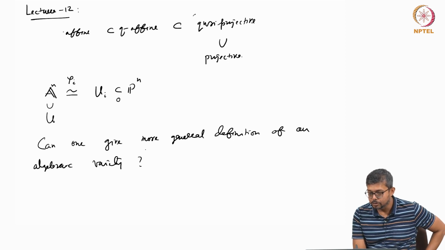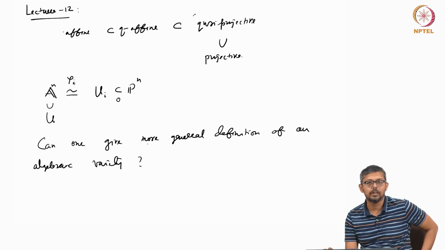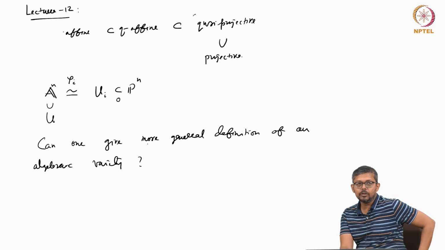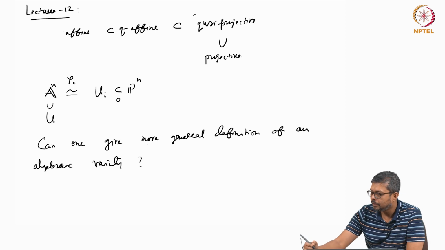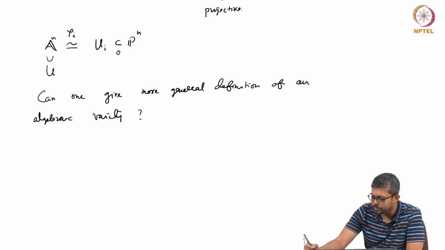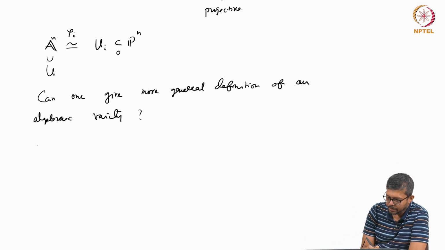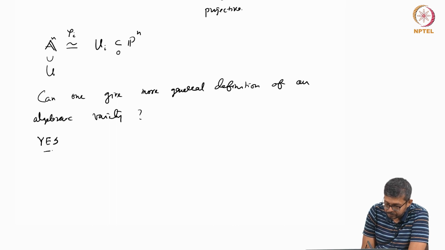That means it should not depend on any integer or any embedding. So the answer is yes, and that is called a pre-variety. It is very similar to the construction of a scheme, but at the variety level. That's the definition of what is called a pre-variety.